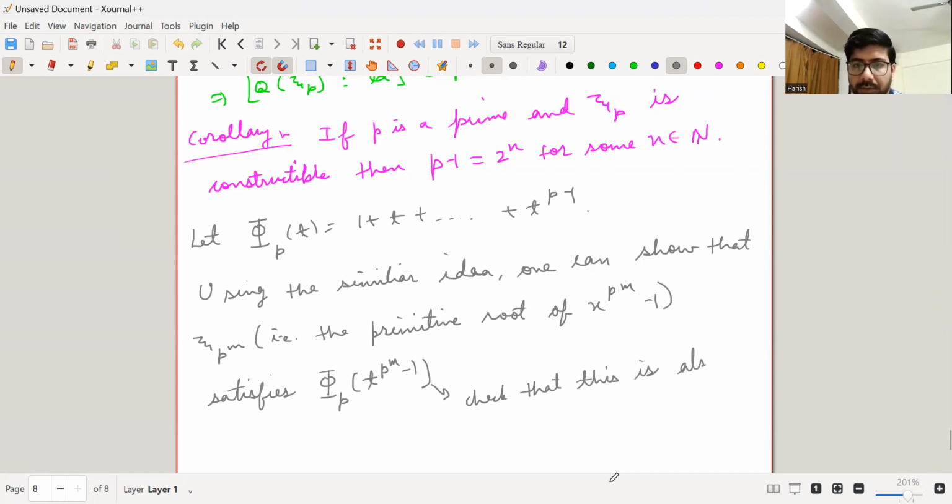This is also irreducible over Q[t], right?